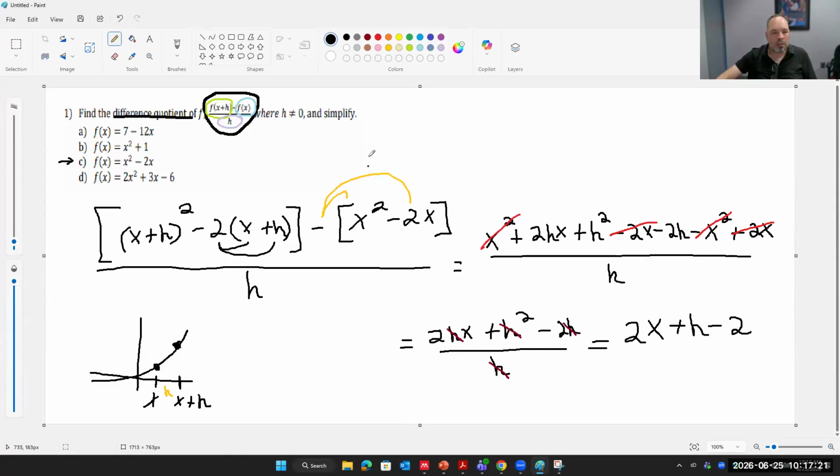And so what this formula is doing is giving you the slope of that blue line. And this is the numerator of that formula.